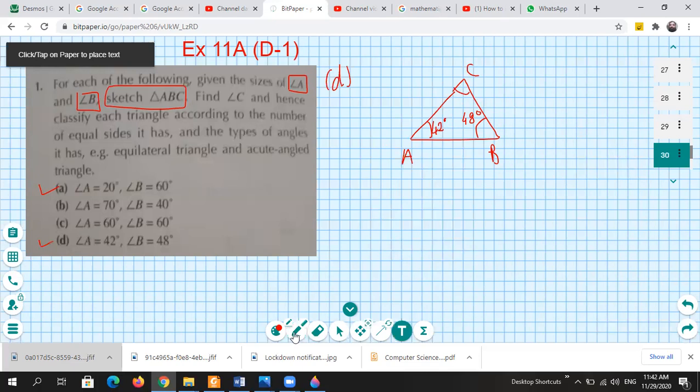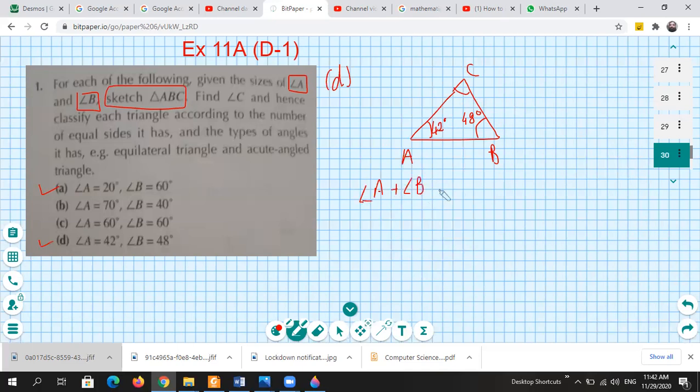So the sum of all the angles, angle A plus angle B plus angle C, will be equal to 180 degrees. Inserting the values, angle A is 42 degrees, angle B is 48 degrees, and angle C as it is. 42 plus 48 is 90.